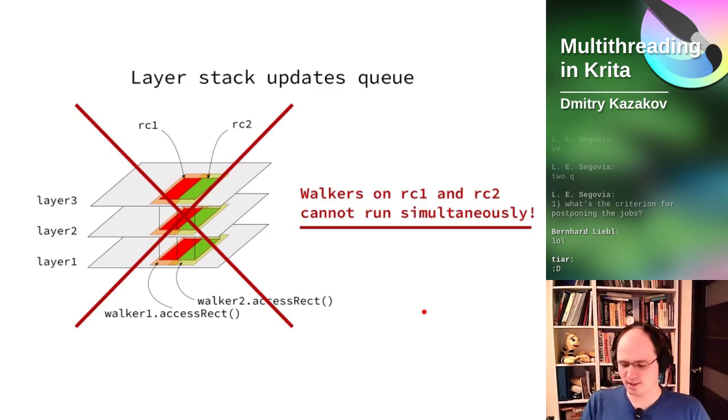If not, we just go further into the queue and try to fetch the next one. So update jobs can be reordered if they cannot run. I think it's a greedy algorithm, if talking scientifically. So we just pick the first job that can be executed at this very moment, that doesn't intersect with any running job.